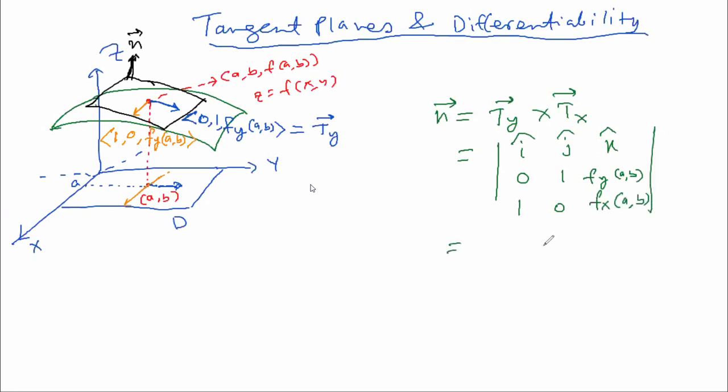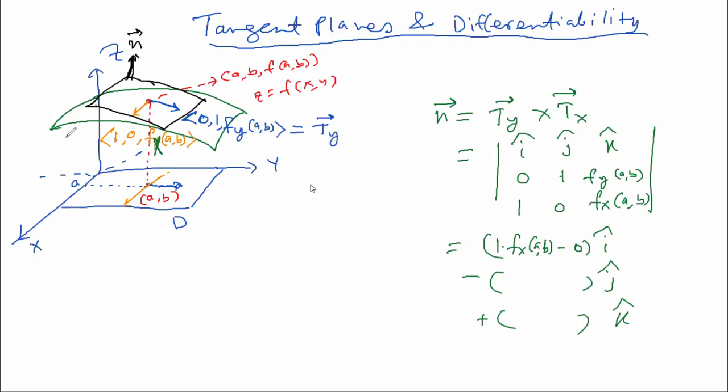So if you do that, i, something j, something k. Should the orange vector be f_x? Because it looks like it's f_y that you wrote. Yeah, I wrote it wrong. That should be f_x. Thank you.